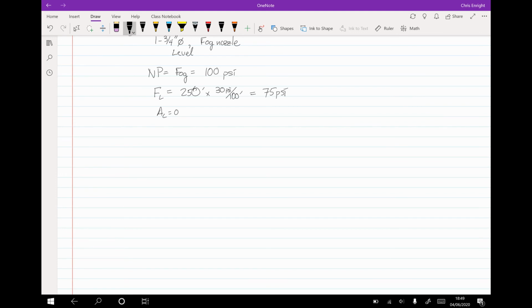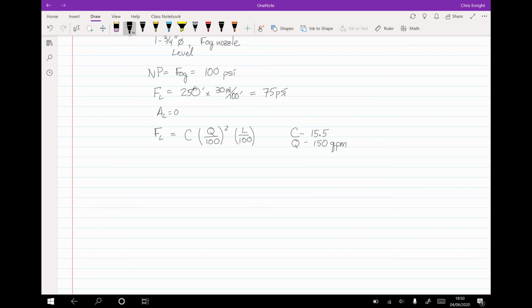Let's do the friction loss the harder way though, just for fun. So friction loss is equal to C times Q over 100 squared times L over 100. C from the table is 15.5. We're going to assume a flow of 150 GPM because that's what's assumed in that 30 value.